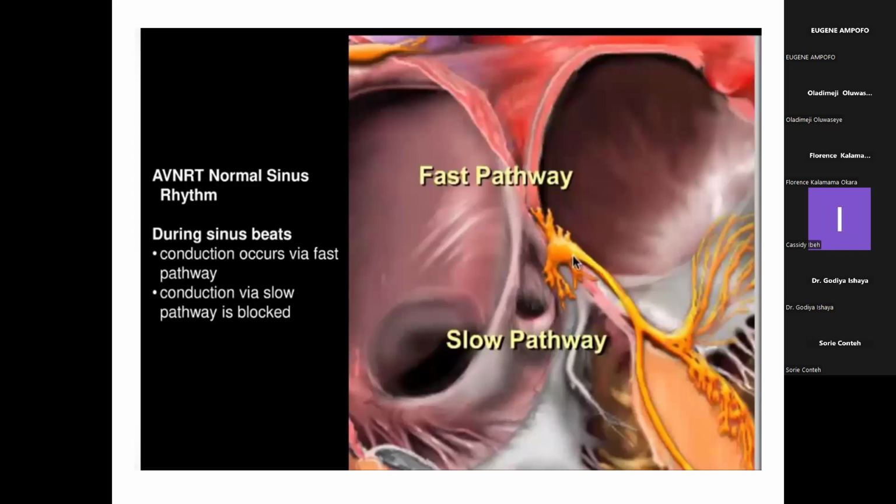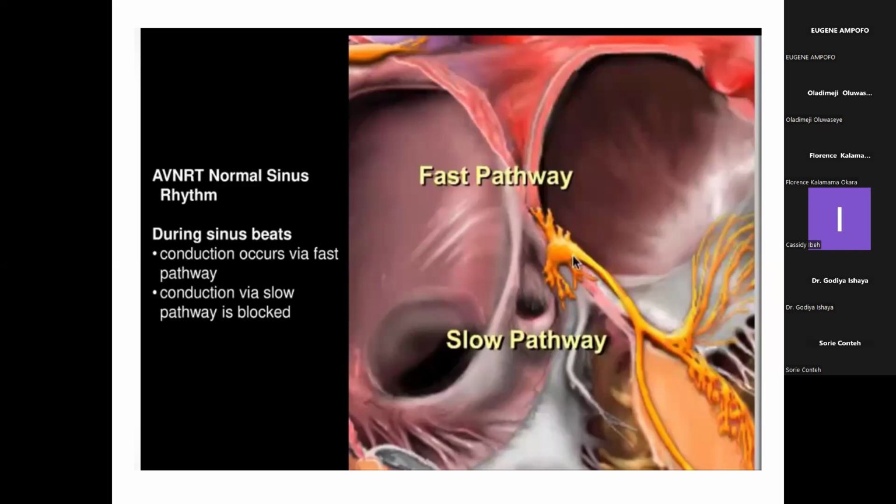It's also important to note that, remember we said most arrhythmias follow a reentrant circuit mechanism. If we have that in mind, then for you to say there's a reentrant mechanism, there must be tissues that form a full circular circuit for that activity to happen.